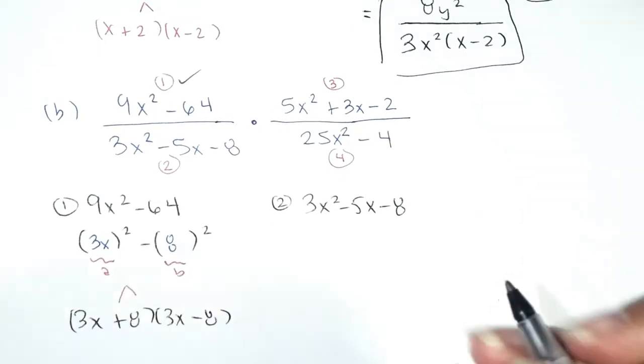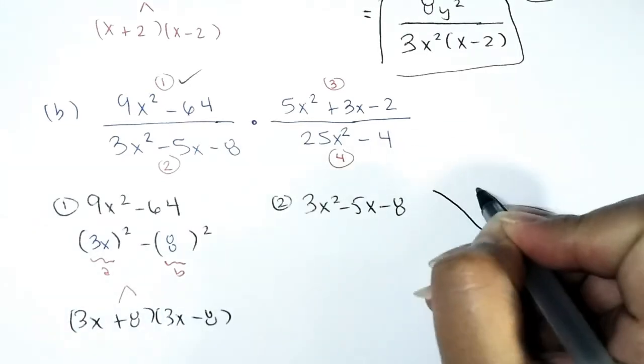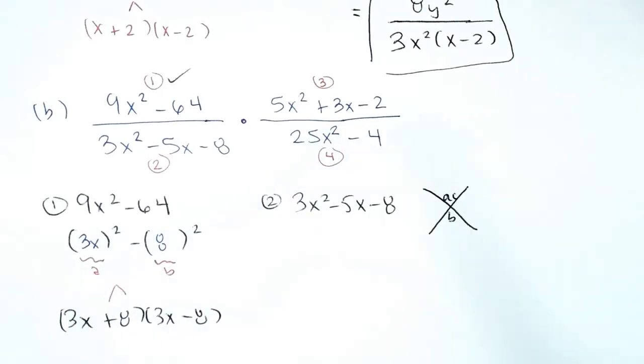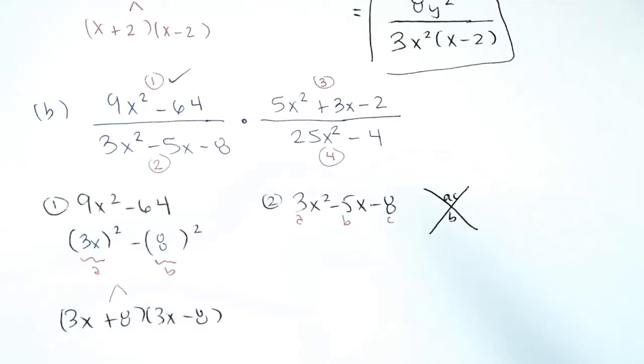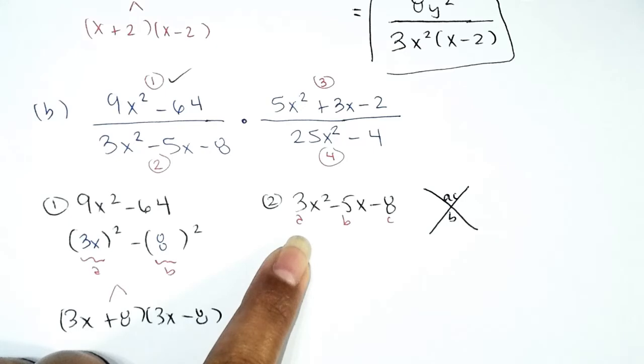The purpose of the AC method is to help split the middle term. We want factors of AC that add up to B. Let me identify A, B, C. The product of A and C, namely 3 and negative 8, will give us negative 24.